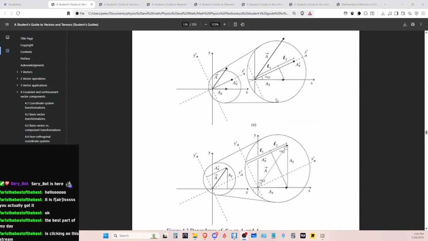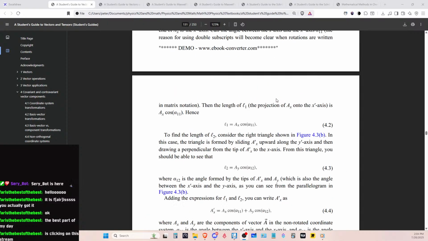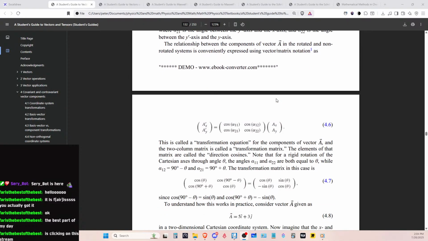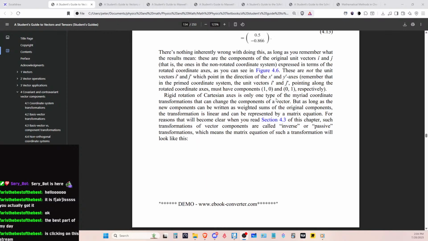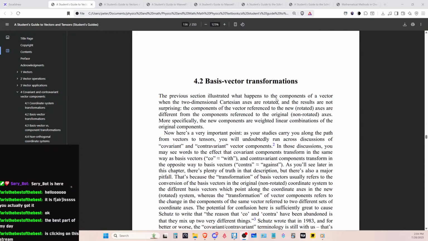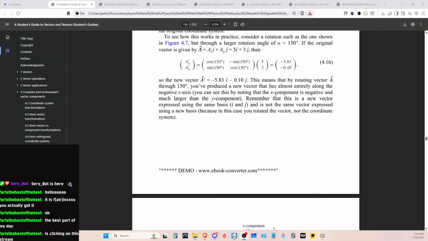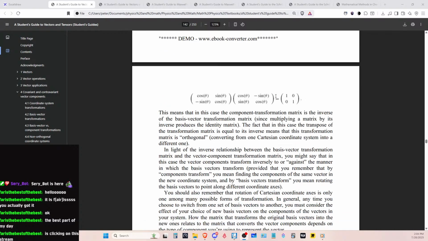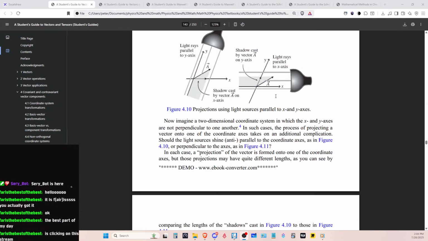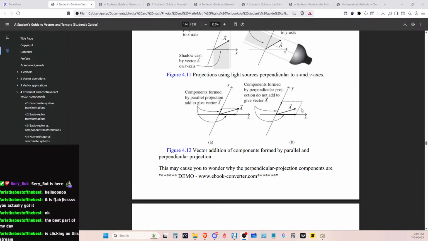So what I'm familiar with about contravariant and covariant components is that I always recall back to, where's the diagram? Because I've read this book. This book is usually my go-to for trying to understand deeper about this stuff. Where is it? Here it is.